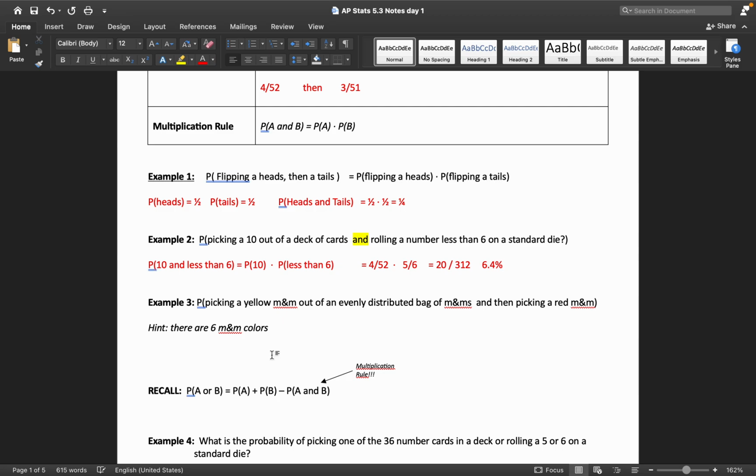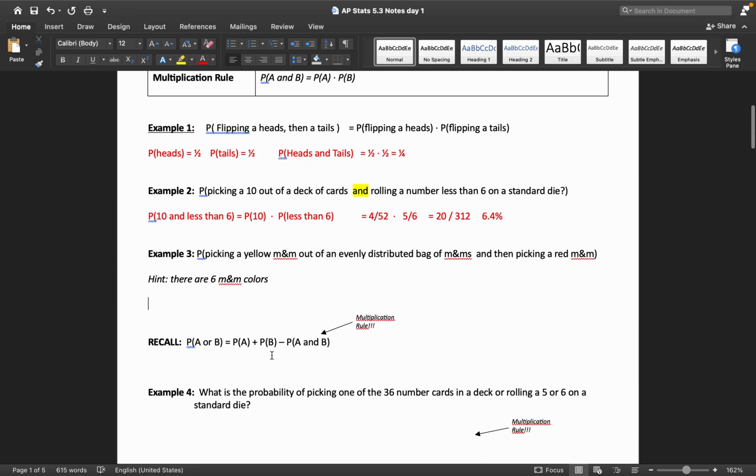And then if I wanted to try a third example, I'm going to ask you to try this one on your own using our multiplication rule. Picking a yellow M&M, so assuming these are evenly distributed, what's the probability of getting a yellow M&M? You put it back, and then you pick a red M&M.